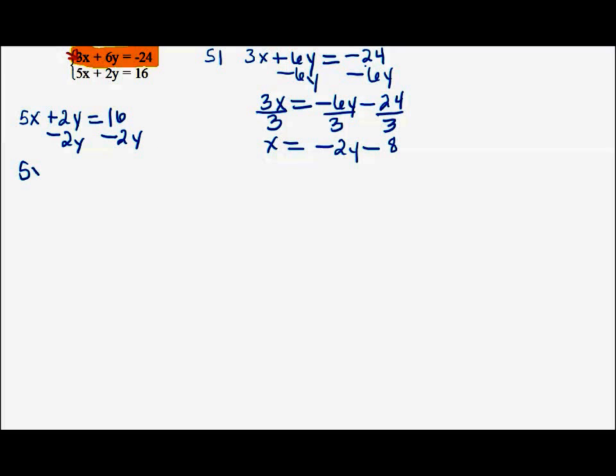That leaves me with 5x is equal to a negative 2y plus 16. Now divide everything by 5. That leaves me with x is equal to a negative 2 over 5y plus 16 over 5.